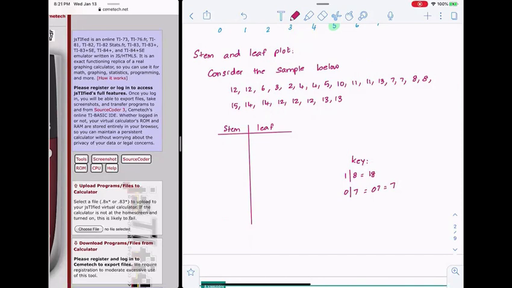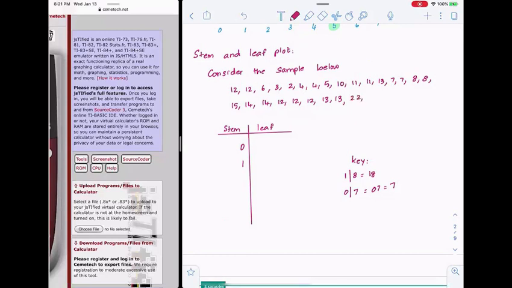So the key is going to tell us how to interpret the numbers that we see in a stem and leaf plot. So what I'm going to do is start writing 0 and 1, because I don't have other tens. In other words, I don't have any observations that are 20 and 22, 44, 55, and so on. Maybe I will add a few so that you guys can understand this better.